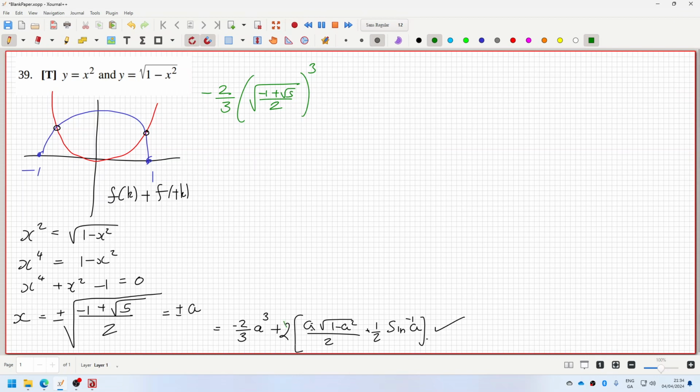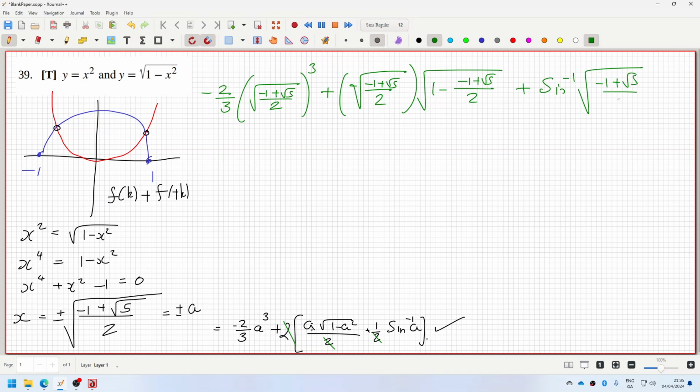Actually, I could have multiplied the 2 in, couldn't I? Oh well. Plus root of minus 1 plus root 5 over 2 times the square root of 1 minus the quantity minus 1 plus root 5 over 2, plus sine inverse of root of minus 1 plus root 5 over 2.